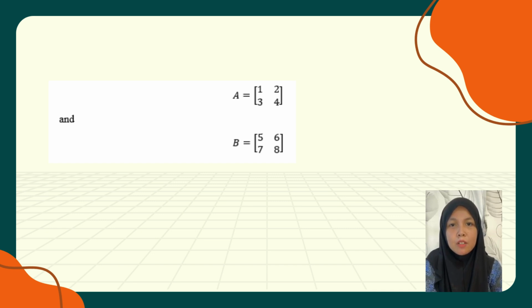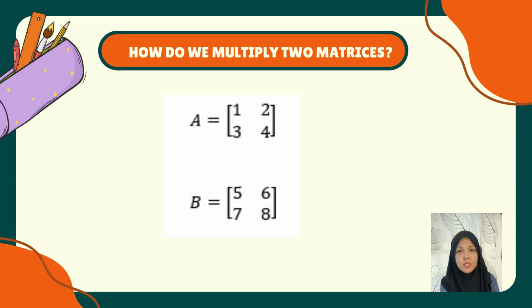Matrix B also has 2 rows and 2 columns. Its dimension is also 2 by 2. Matrix A has 2 columns and matrix B has 2 rows. The multiplication A multiplied by B is possible.